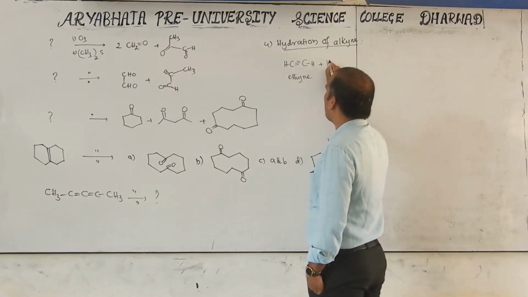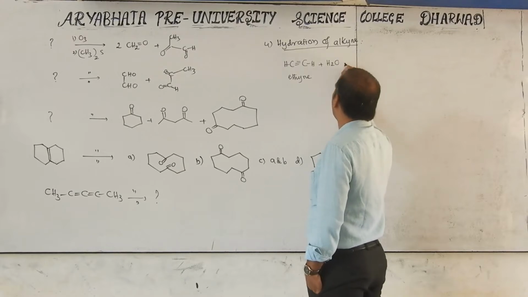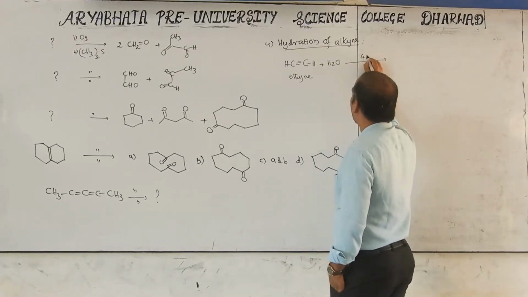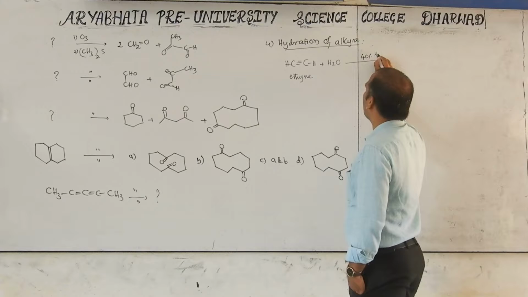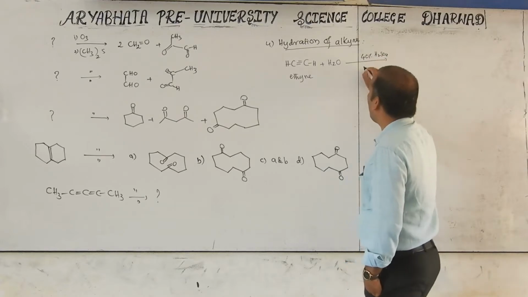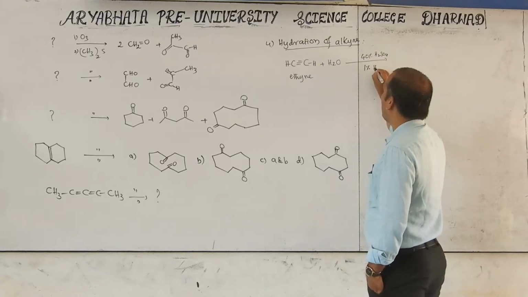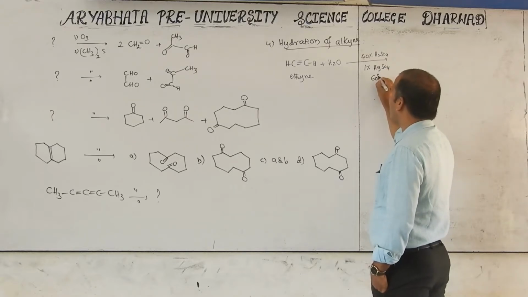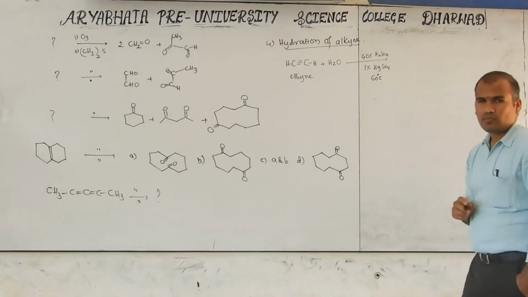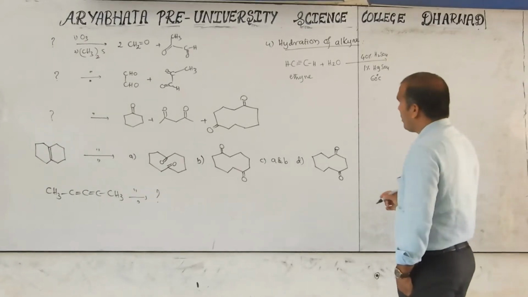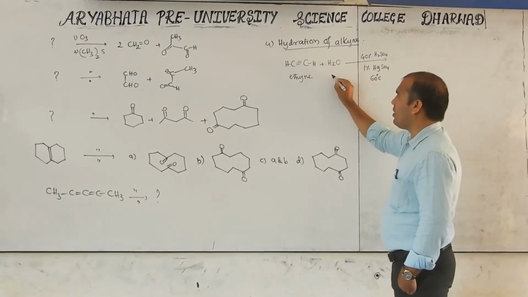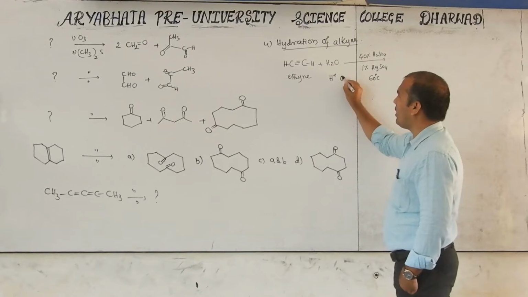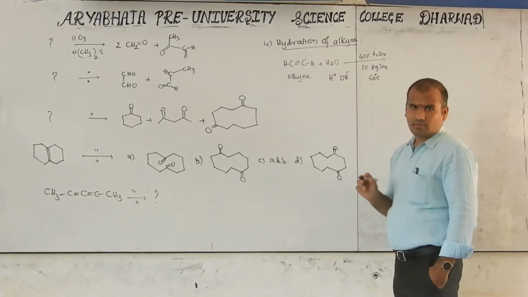This ethyne reacts with the water molecule, with nearly 40% H2SO4 and 1% HgSO4 at 60 degrees Celsius. Now H2O is nothing but H plus and OH minus.